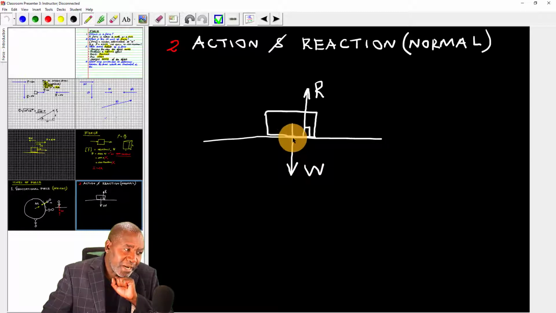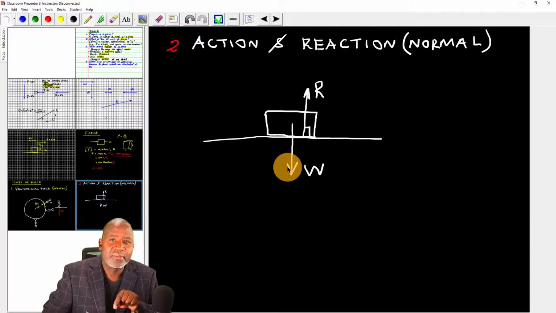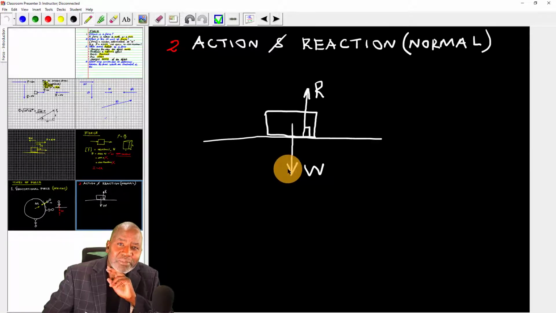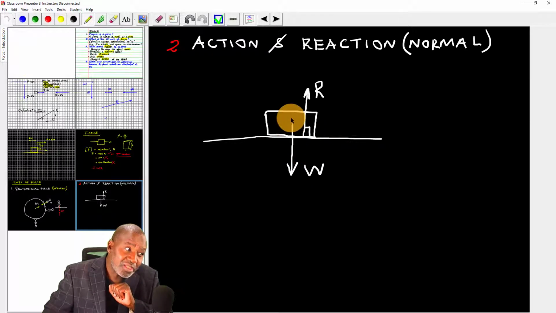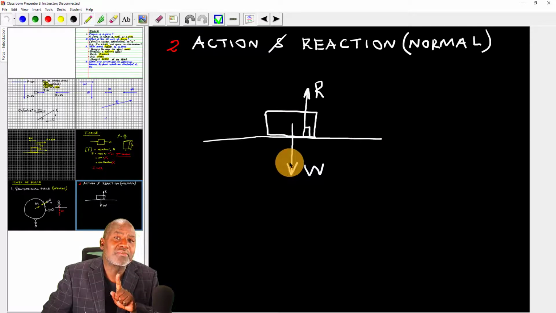So you can regard this weight as this way. As far as the ground is concerned, it appears as if this object is exerting a force on the ground vertically downwards, although we know where it is coming from.